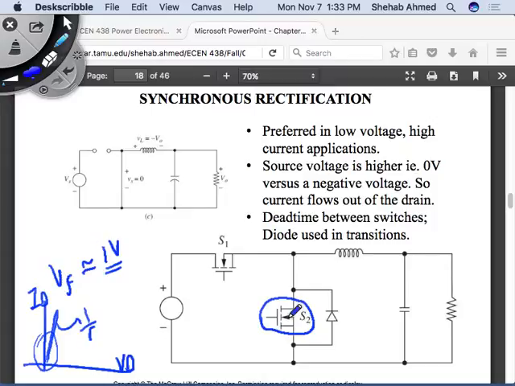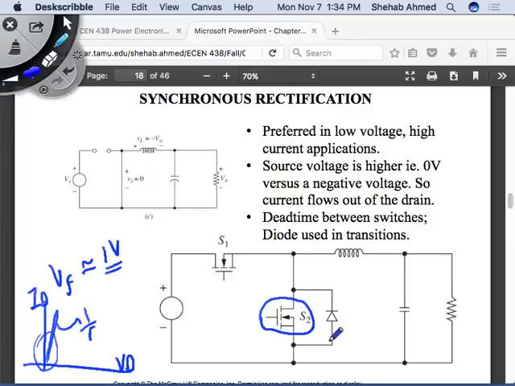So there's an advantage in using this kind of circuit, but you have to time the device properly. You have to time it such that this device, as soon as it sees that there's current going to flow, remember how does this buck converter work? First we turn on the switch and turn this diode off, right? When the switch S1 is on, the diode is off. And then vice versa. As soon as I turn off S1, this diode should turn on, right?